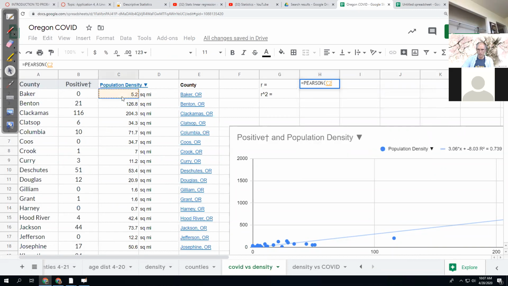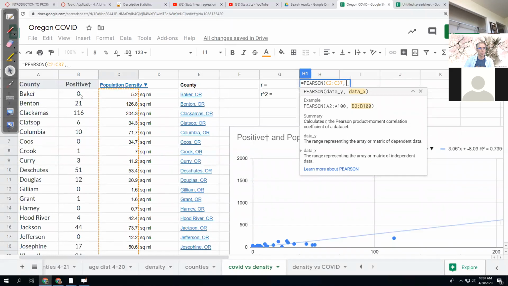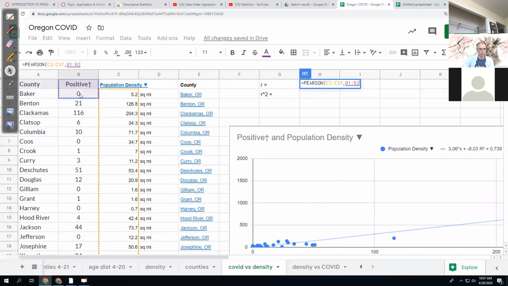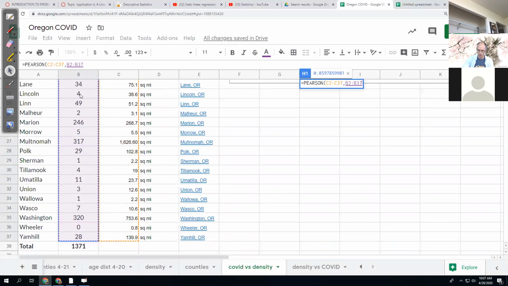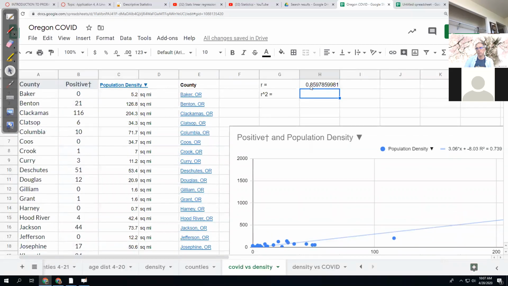And they want the Y values and the X values. And again, StatKey makes this way easier because they do it for you. All right, so I'm getting an R of 0.85-ish. And if I get R squared, that should match the 0.739 given in the graph there. I just take this number above and square it.